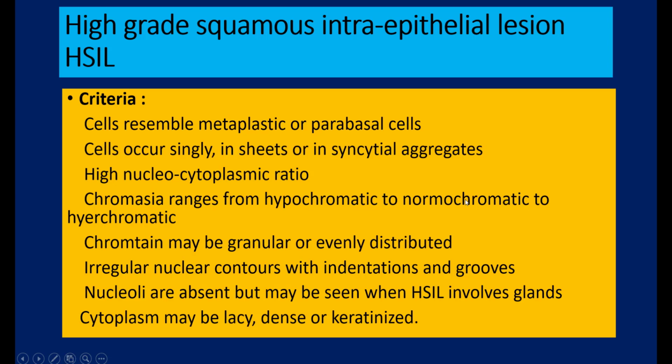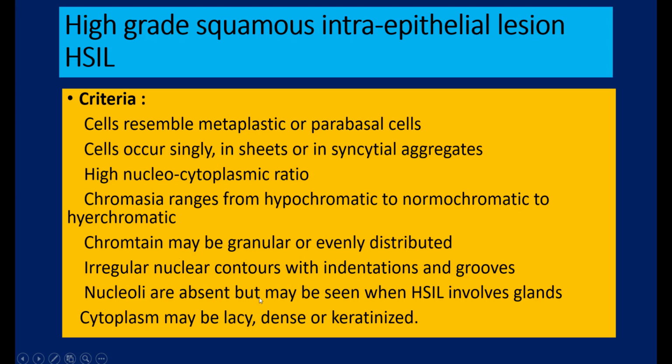So in such circumstances, when the cells are normochromatic, we rely more on other features, one of them being nuclear membrane irregularities. The chromatin can be granular or it may even be evenly distributed. Irregular nuclear contours may be seen, and this helps when the cells have a hyperchromatic or normochromatic pattern, and it also shows indentations and grooves.